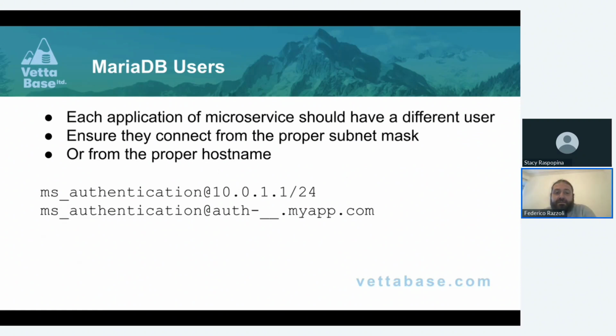So each application or each microservice should use a different user, right? Typically, every microservice uses a different database. Even applications usually use a specific database, so they should only have permissions on that specific database. That is why it makes sense to have different users.